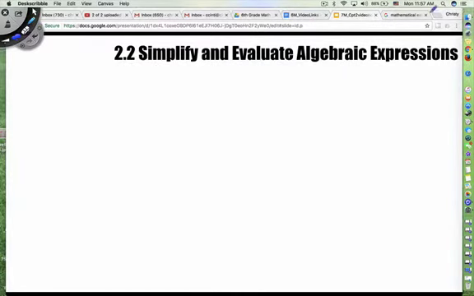Section 2.2, simplifying and evaluating algebraic expressions. Sounds complicated, but I think you're going to enjoy it.